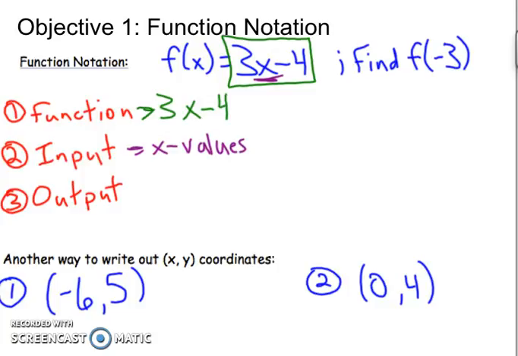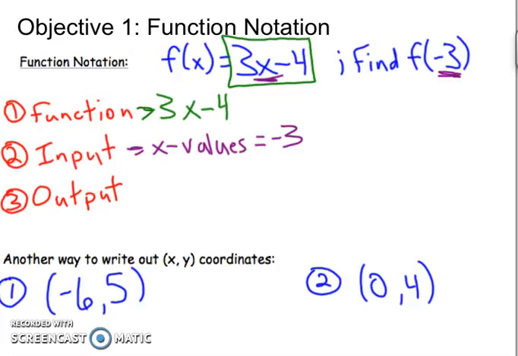Always the x-axis if it's on a graph, the x values, or in the corner point, the first point listed, the x value. And in this case, if it's worded like this, which it is, it says find f of negative 3, they're wanting to input negative 3 into this function to give me a specific output. So in this case, my input is negative 3.